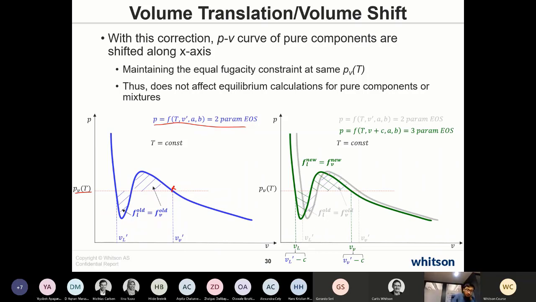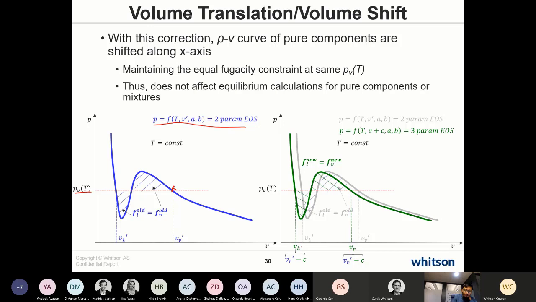So now this blue curve is the gray, light gray one you see at the back, and this green is after the volume translation. You can see why it's called volume translation, because it's shifting the entire curve either left or right. Here it's shifting it to the left, considering that the C is positive here.